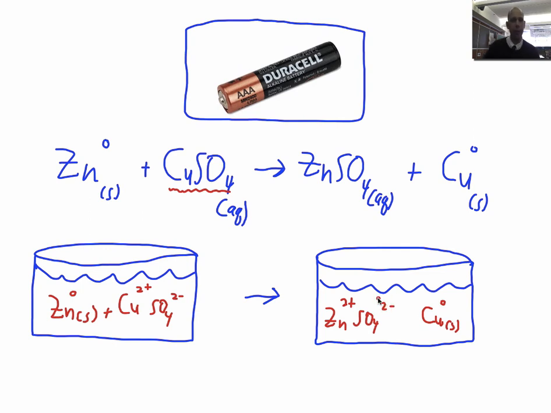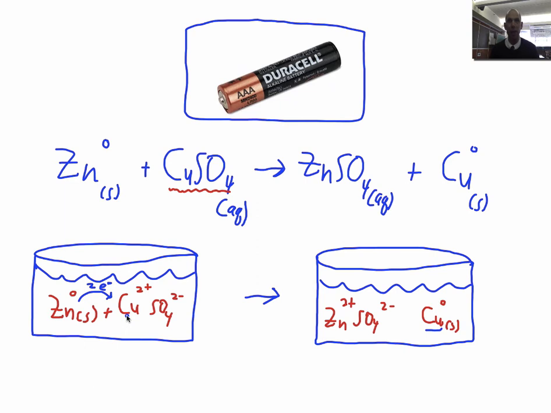Okay, so what's happening in here? Well, what happened in here is the Zn had an equal number of protons and electrons. And the Zn transferred electrons over to the Cu. And how many did it transfer? Well, it needed to reduce Cu down to 0. So it transferred 2 electrons. Okay?